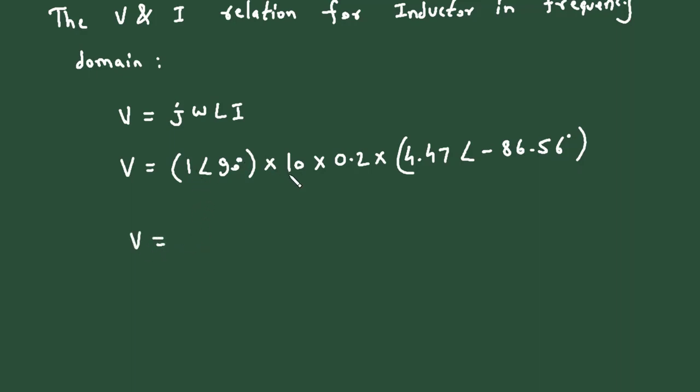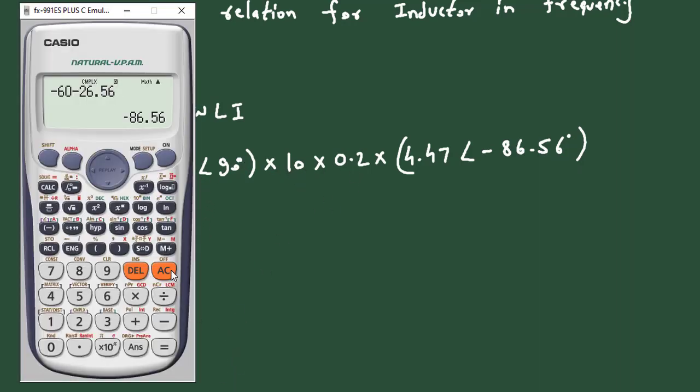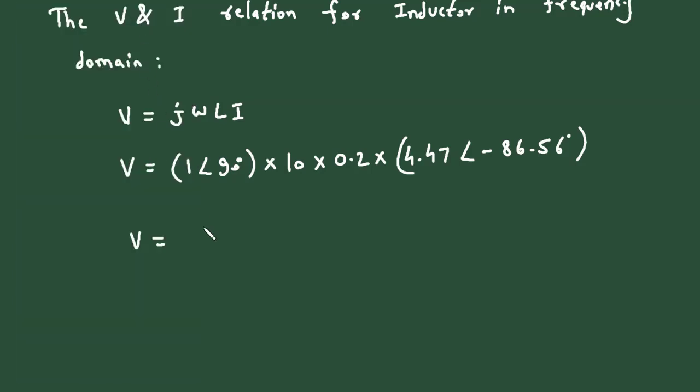So it will be 1 into 10 into 0.2 into 4.47. So this will be 8.94 at an angle 90 degree plus, so here we have to add with minus 86.56 degree.